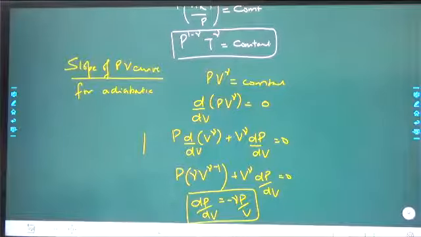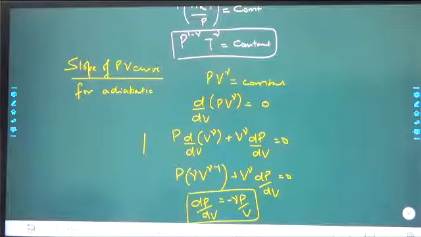So minus gamma P by V. In isothermal it was minus P by V. So which has the greater slope, isothermal or adiabatic? Adiabatic, because gamma is always greater than 1, Cp by Cv.